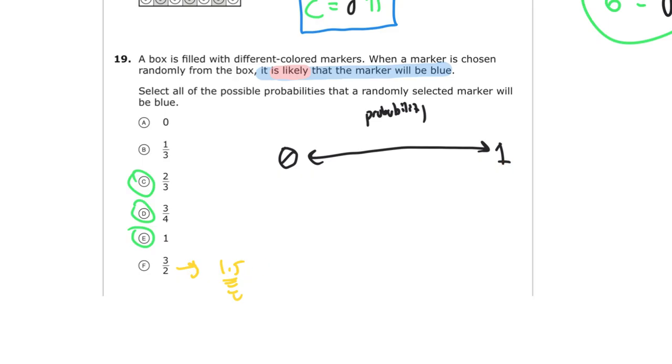But I already mentioned how probability will always only be between 0 and 1. So it actually makes no sense for there to be a probability of 1.5. That's not going to happen. That literally doesn't make sense. Again, because probabilities are always only between 0 and 1. So answer choice F does not work. Okay. So therefore, it's just these.